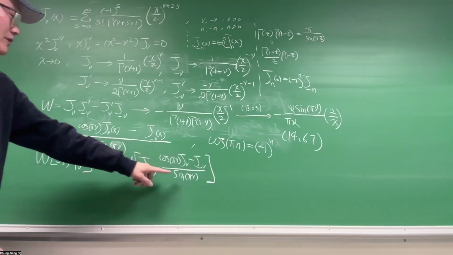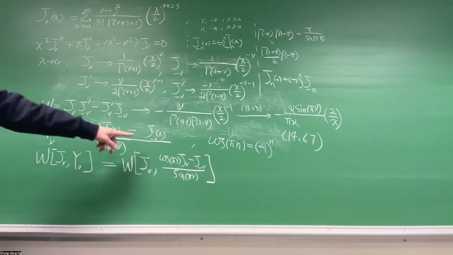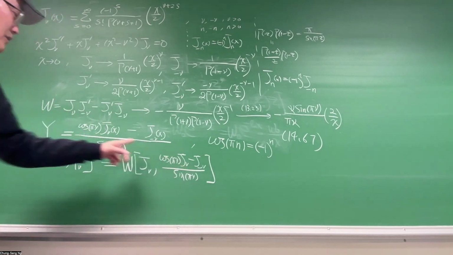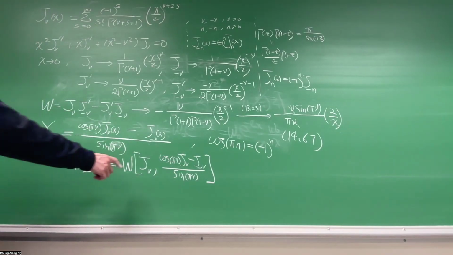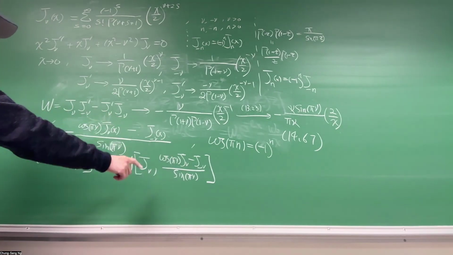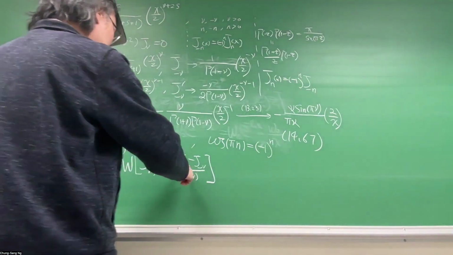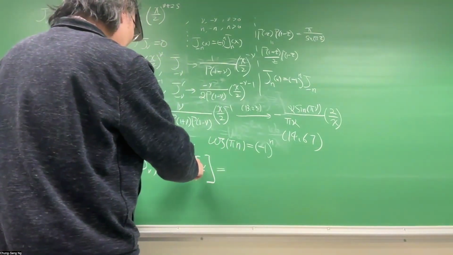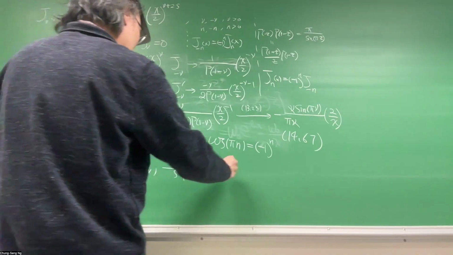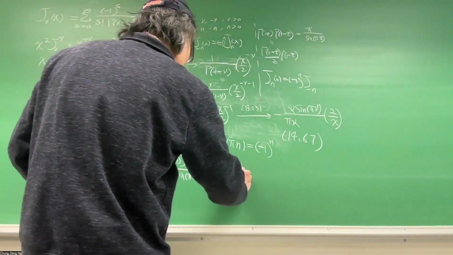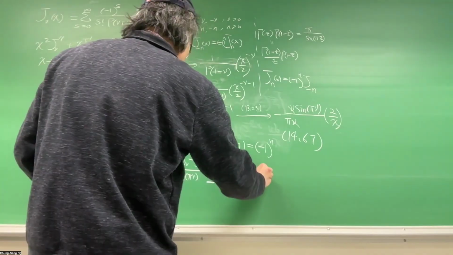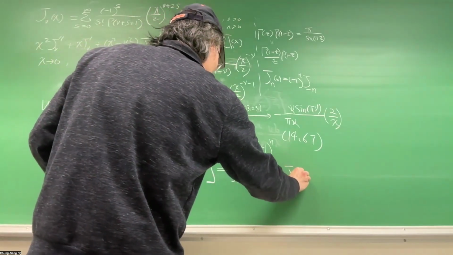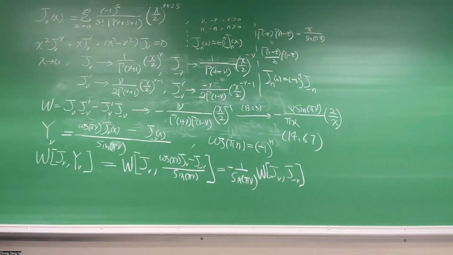These are just coefficients that come out, so that doesn't matter. The first term gives you 0, and the second term, just getting the coefficient out, gives you minus 1 over sine pi nu times the Wronskian of J nu, J minus nu.